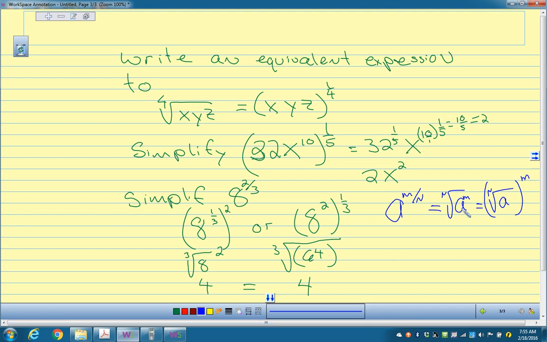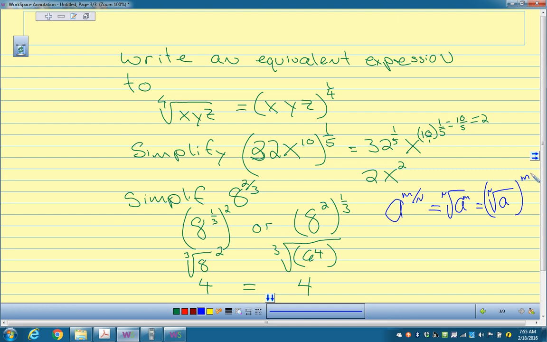So in the first case, you raise it to the power, and then you take the nth root of it. In the second case, you take the nth root of it, and then you raise it to the power.